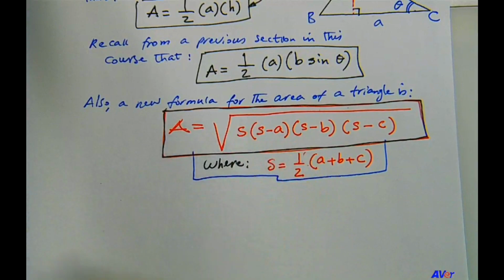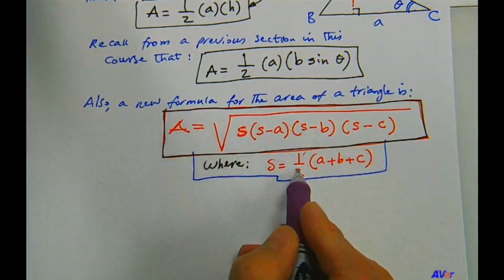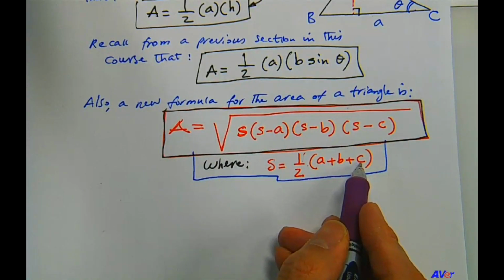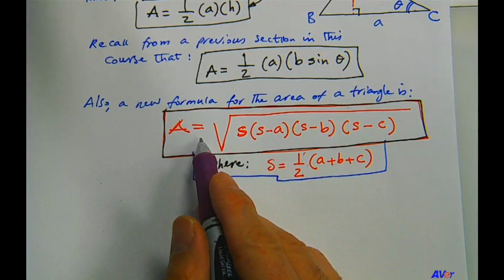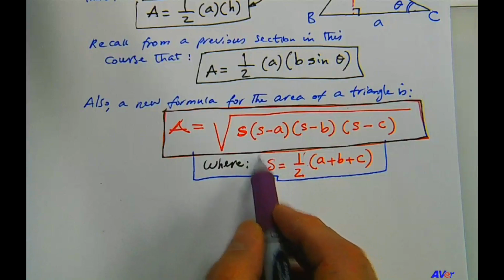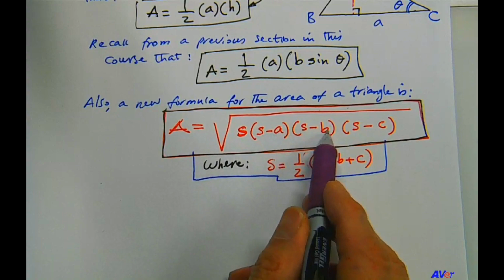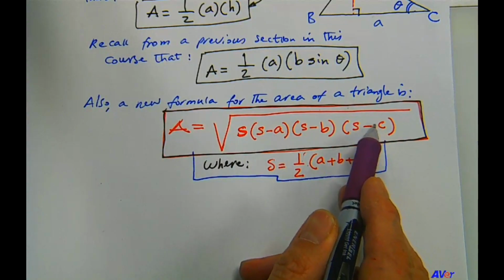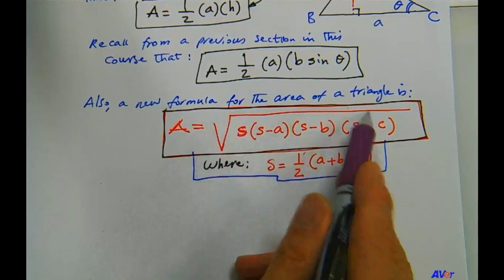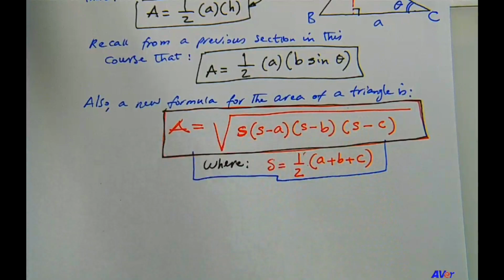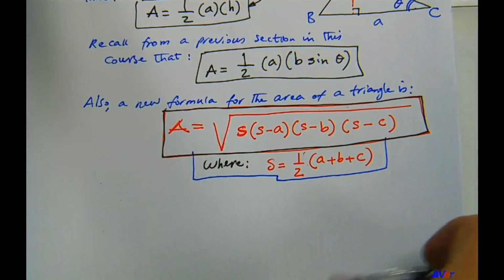So once again, find the half of the perimeter of the triangle for which you're finding the area. Then take that measure S, multiply it by the difference between that measure and each of the other three sides of the triangle, and take the square root of it. And that'll be the area of the triangle.